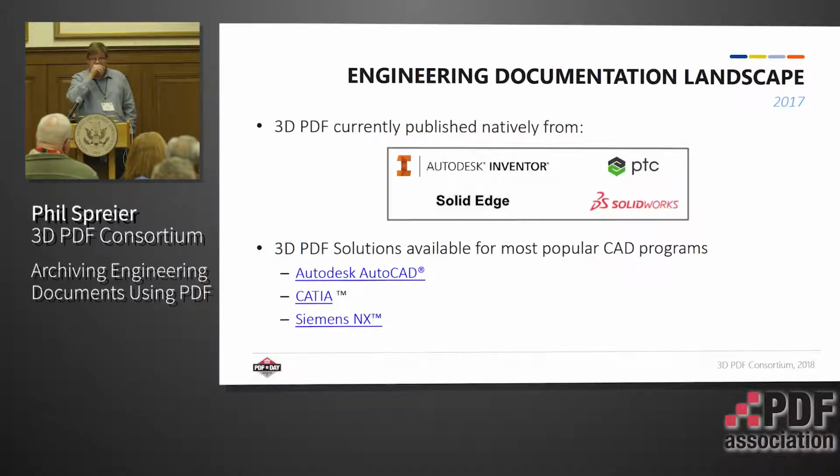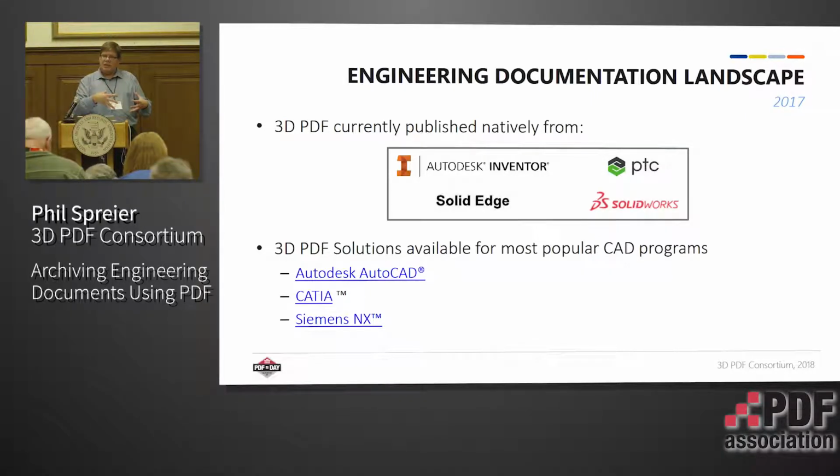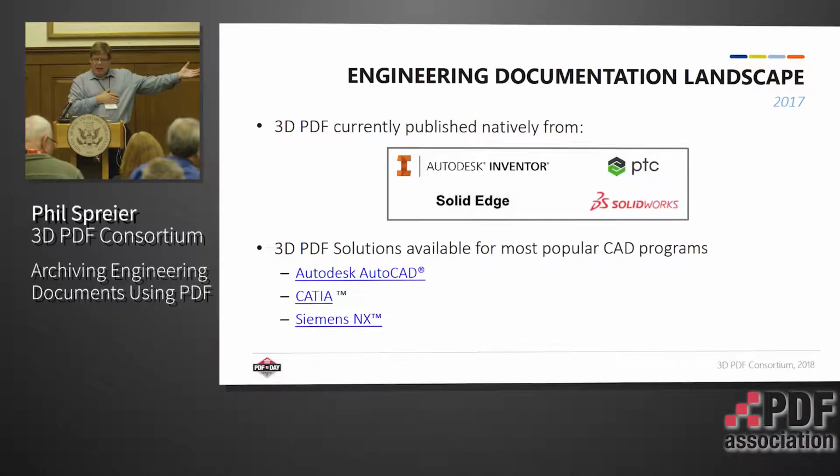Autodesk Inventor, as we mentioned earlier, was one that puts out 3D natively. Solid Edge, PTC puts out 3D PDFs, and SolidWorks does as well. Now they put different information into their PDFs. So if I bought PTC, if I bought Creo, and I wanted to output a 3D PDF, I probably wouldn't get the interesting information. I wouldn't get the dimensions and the tolerances and things like that to come out in the PDF model.